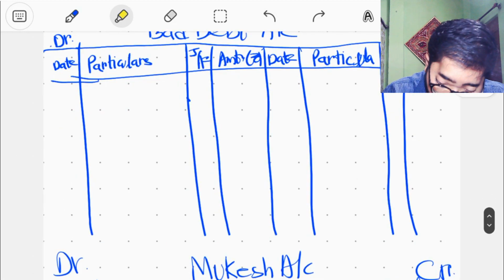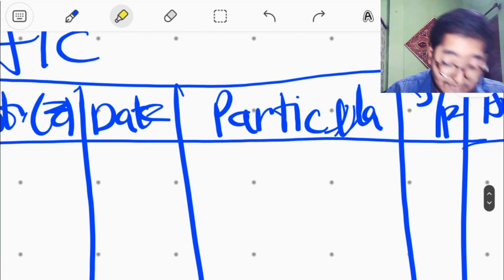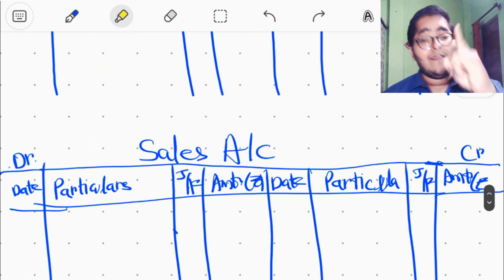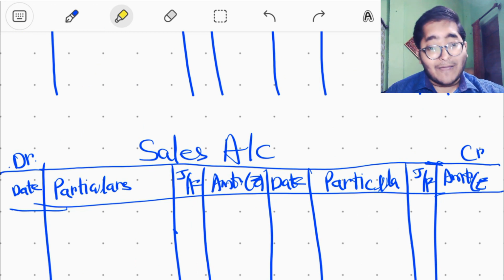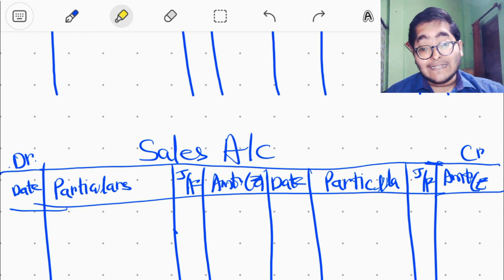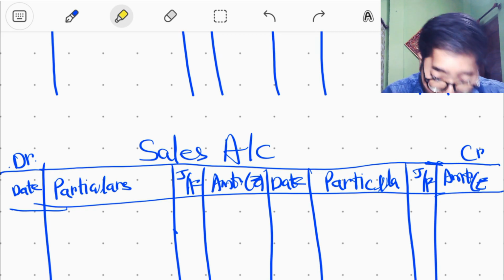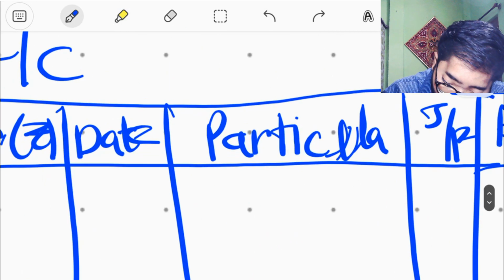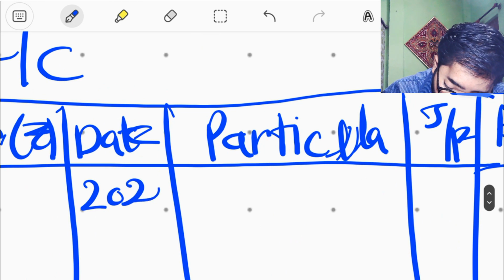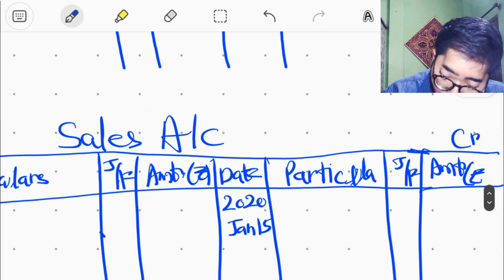Now what account would be affected? The sales account. We all know purchase account is a debit balance, sales account is a credit balance. Why? Sales lead to income or gain, and every income and gain is a credit balance. That is why sale is also a credit balance itself. On the date of the transaction, I think it is January 15th again. If I am wrong, please correct me.